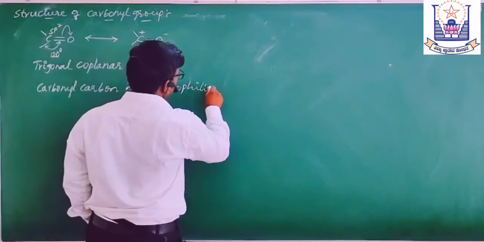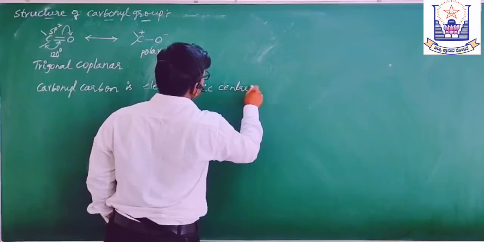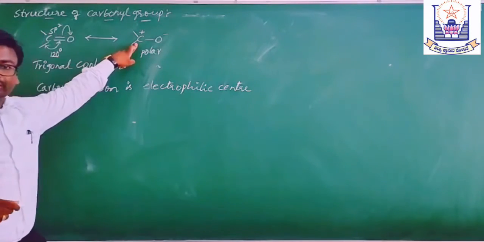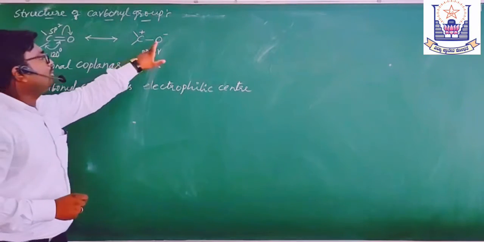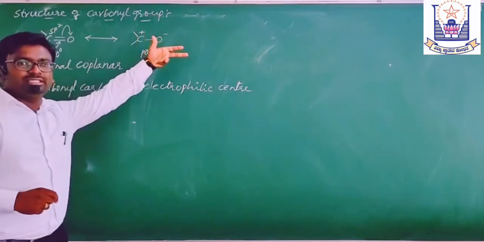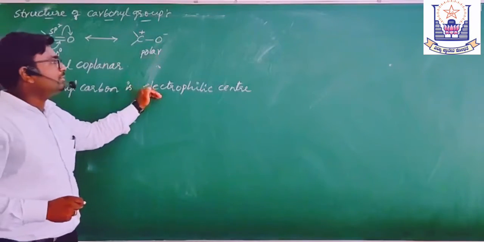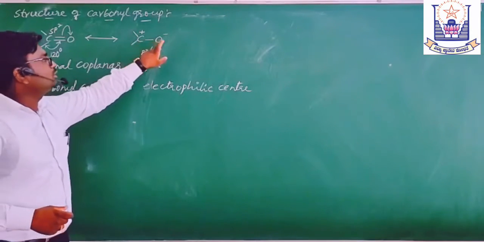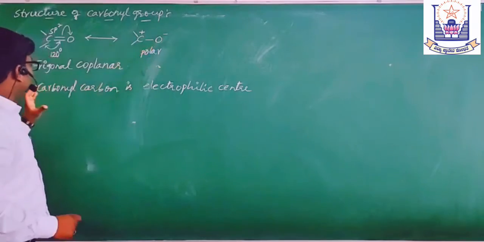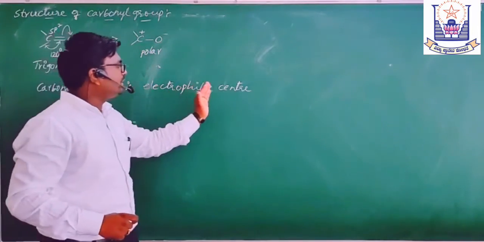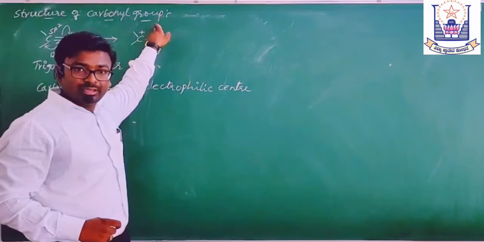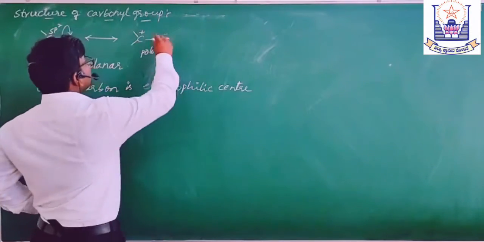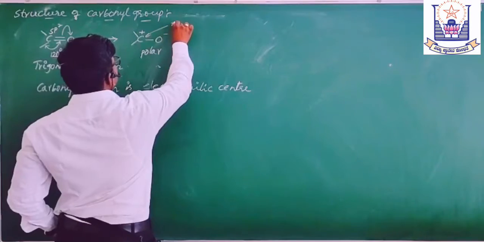The carbon is the electrophilic center in this molecule, and the carbonyl oxygen is the nucleophilic center. What is electrophilic? Electron deficient. What is nucleophilic? Electron rich. So the carbonyl carbon is the electrophilic center, and therefore it will be attacked by the nucleophile.